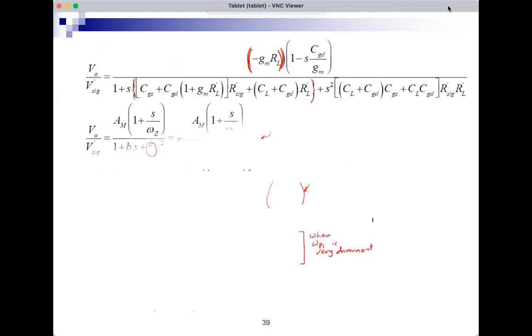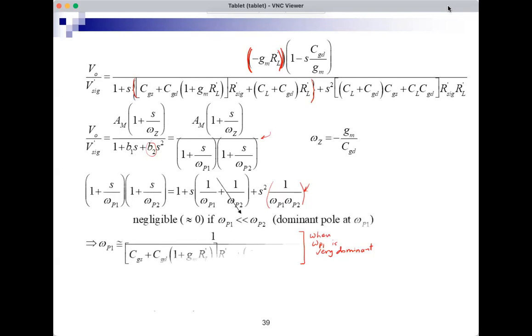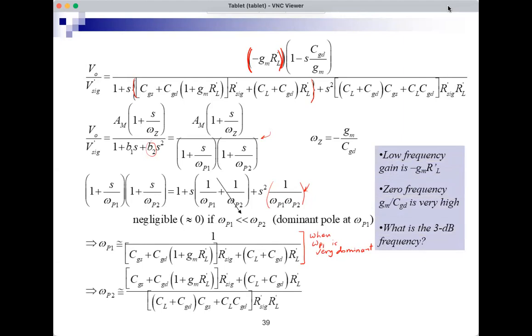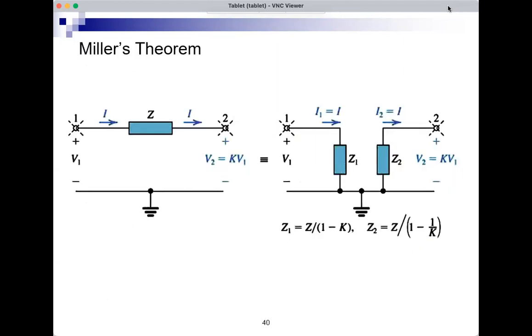So is there a way to kind of get rid of CGD? The answer is yes. And there is a theorem in circuits called Miller's theorem that would allow us to do that. So what is the Miller theorem?